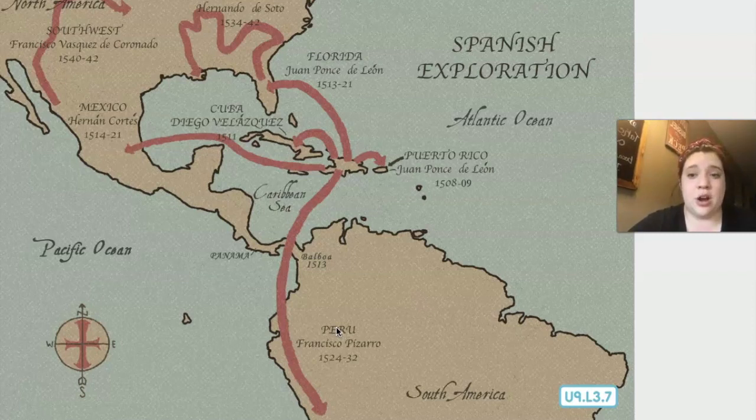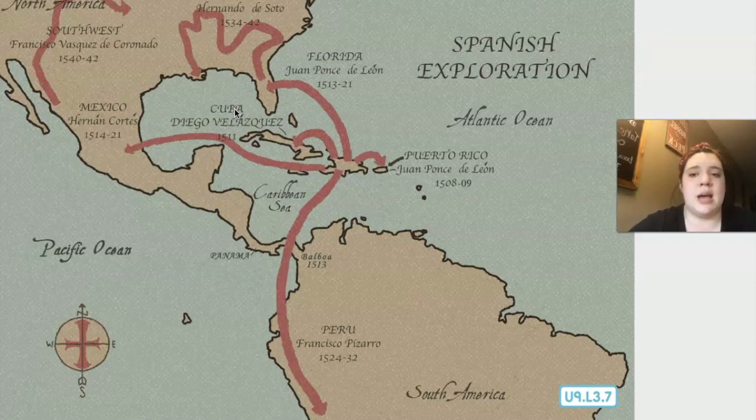After helping Pizarro conquer the Inca Empire, the conquistador Hernando de Soto turned his attention to North America. He landed his troops on the west coast of Florida, down here, and led them on a long trek through what is now known as the southeastern part of the United States.